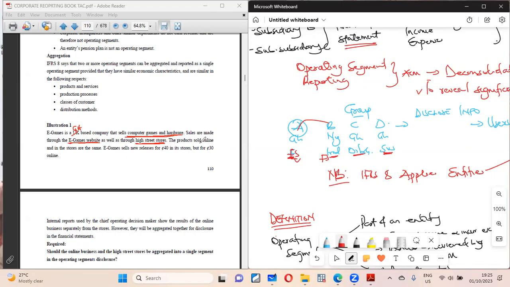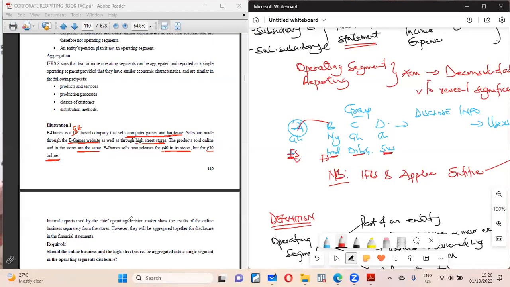The products sold online and in the stores are the same. eGames sells new releases for 40 cedis in its stores, but for 30 cedis online. So if you go to the store to buy, it's 40 cedis. If you buy it online, it's 30 cedis.